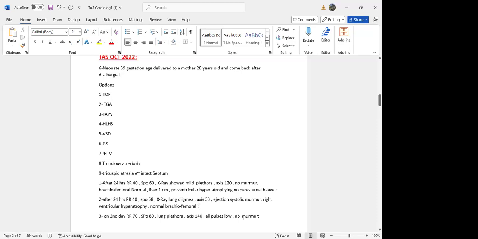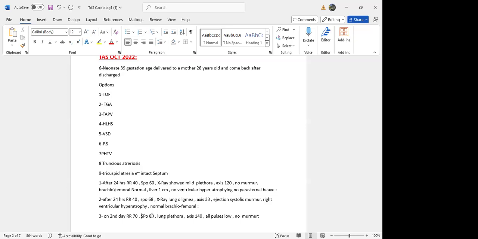So what do you think? What is the problem over here? Hypoplastic left heart. वेरी गुड. अलीम आप क्या कह रहे थे? Total anomalous pulmonary venous return. See, if pulses are low, it means a systemic related problem. You can see the saturation is okay at 80% because definitely if you do not have a blood flow, mottling is there, the periphery is going to be cool.